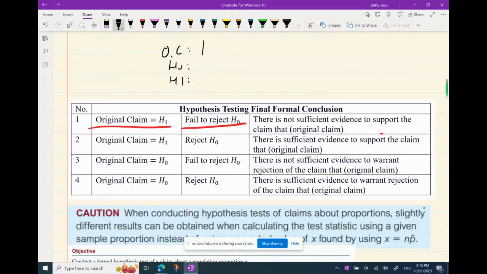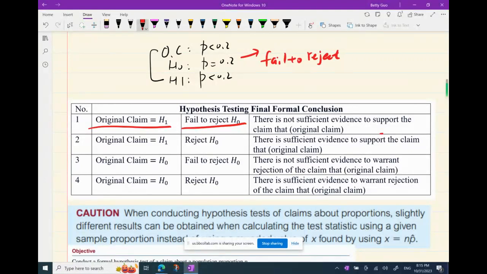Original claim p less than 0.2, and it's the same as the alternative. And the null is p equals, and based on our sample we decide to fail to reject the null. When we fail to reject the null, it means there's a chance the null is correct.